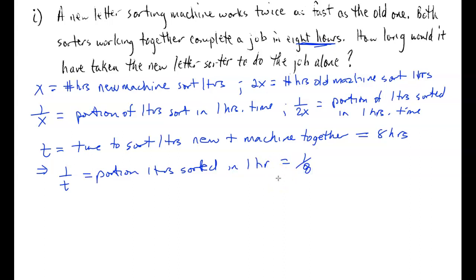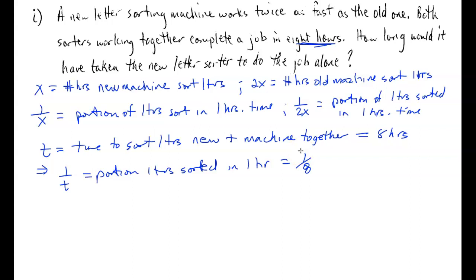Okay. And so now what we're going to do, since we're trying to figure out how long it would take, okay, our variable here is going to be x, but we know that the portion of the letters that's done in 1 hour for the new machine plus the portion of the letters that's done in 1 hour for the old machine, if we were to add those things together and then make it equal what we have here, which is going to be 1/8, then we would be able to find out what we need.